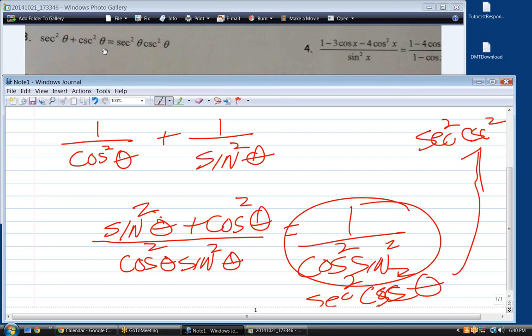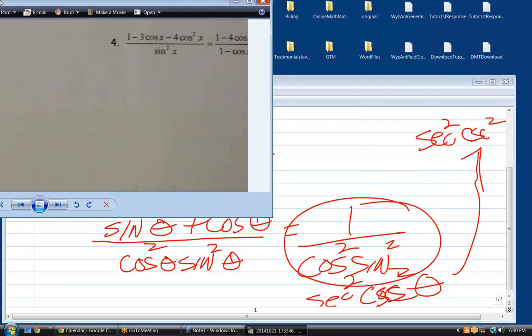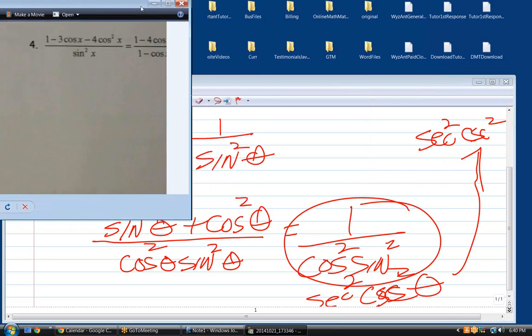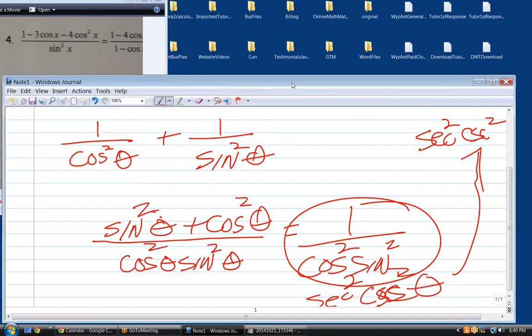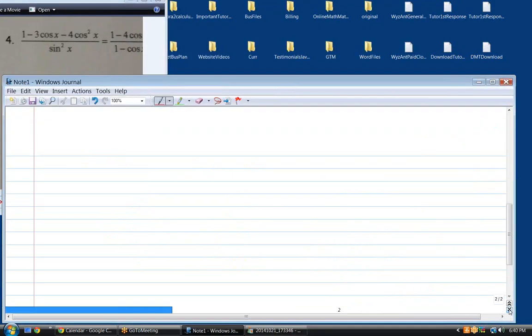So I want to try to lend advice on how to do these. It's not always easy because some of them, it's quite an art to do it. It's not only knowing your trig identities, but it's knowing the right technique algebraically to use.